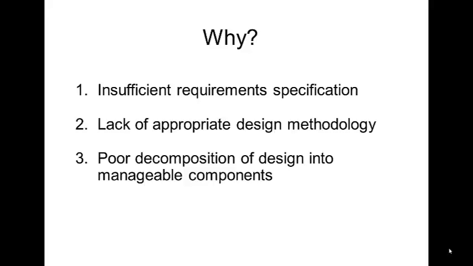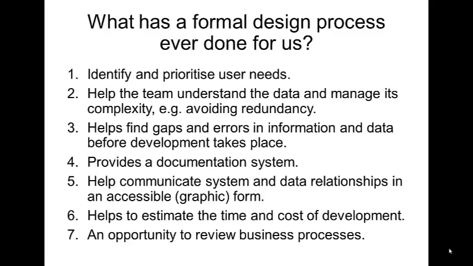The third problem was poor decomposition of design into manageable components. You may have a design that you want to implement, but if you don't identify the correct components required to implement that design, that can cause a lot of problems with the design itself and with the implementation itself.